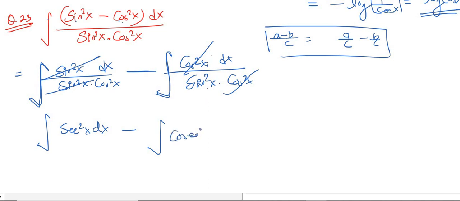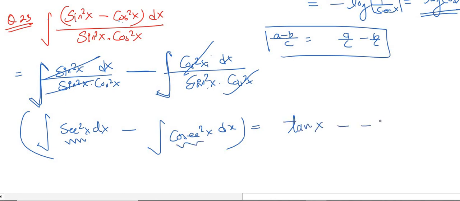It is nothing but cosec square x dx. Correct? Integration of sec square is not a secret anymore. This is nothing but tan x. And integration of this is nothing but minus of cot x plus c. And this minus and minus will become plus. That's it.